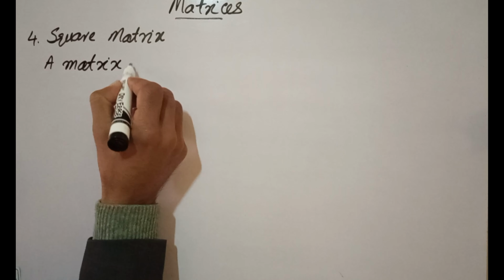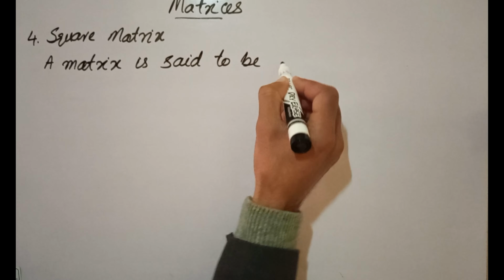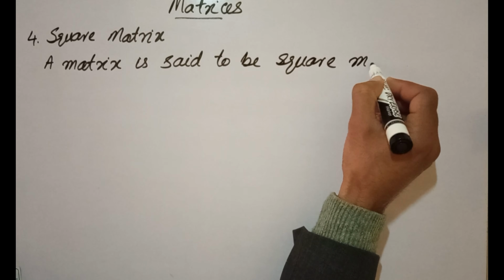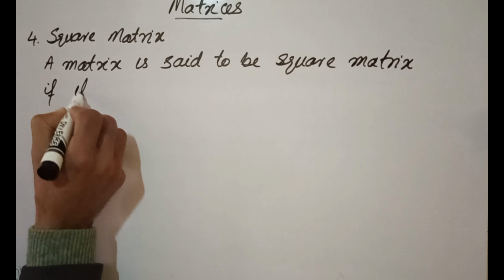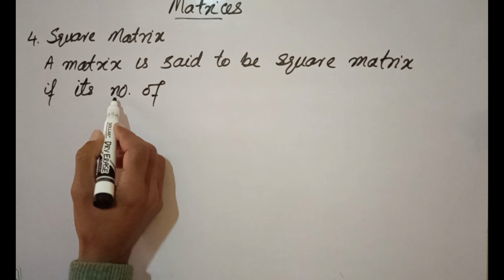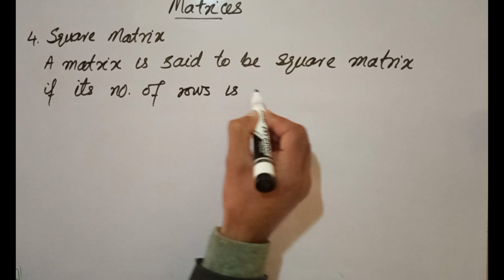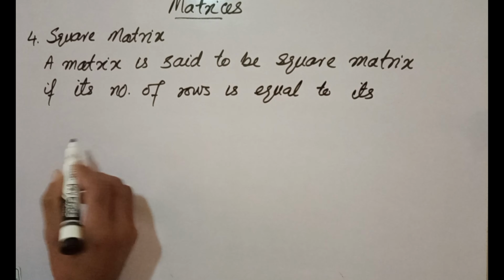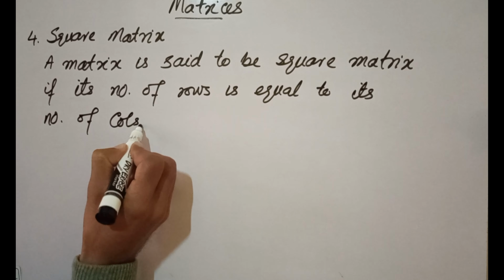A matrix is said to be a square matrix if its number of rows is equal to its number of columns.